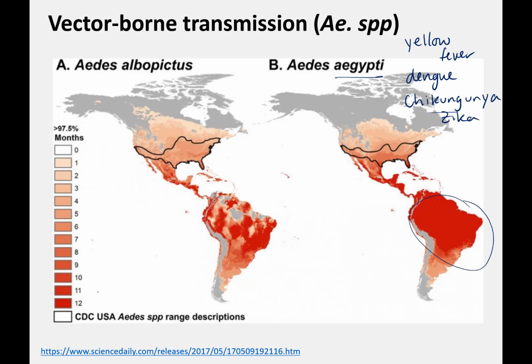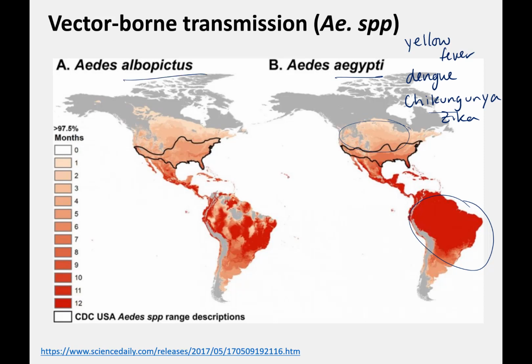Huge presence, and this is showing you months of the year where these viruses may be being transmitted. The lighter colors mean it's less likely, or they're around fewer months of the year.